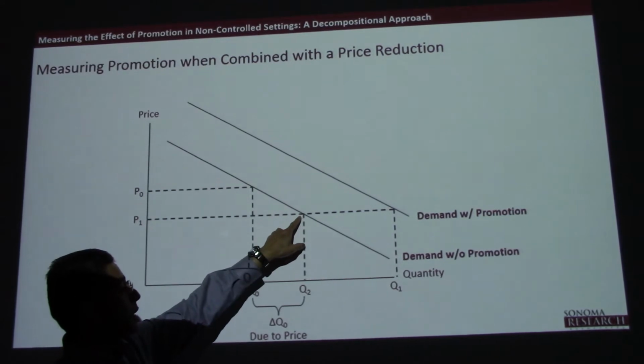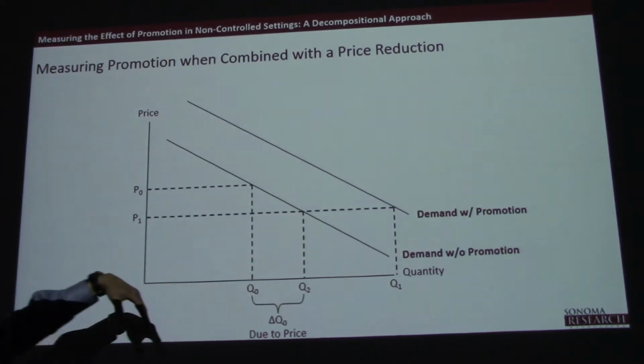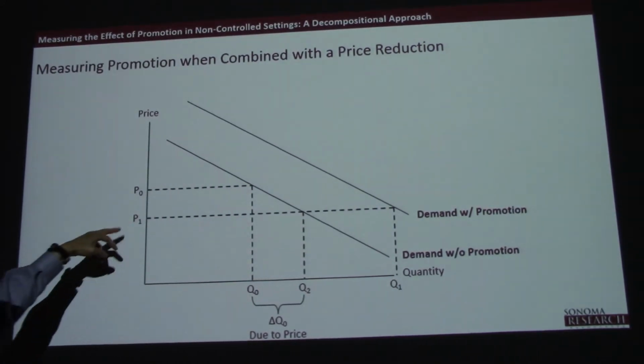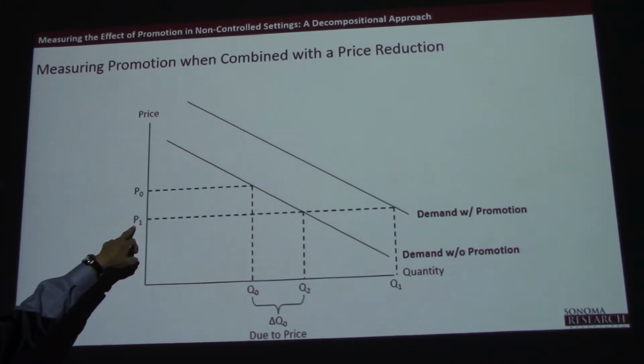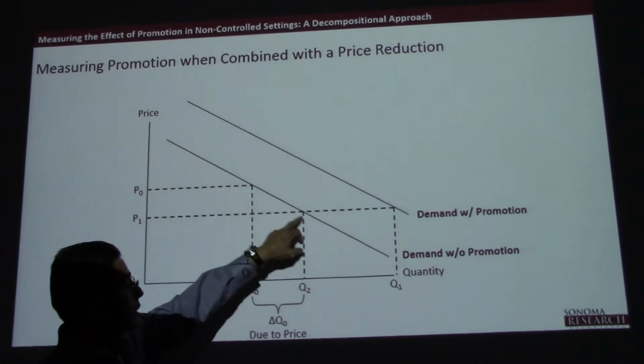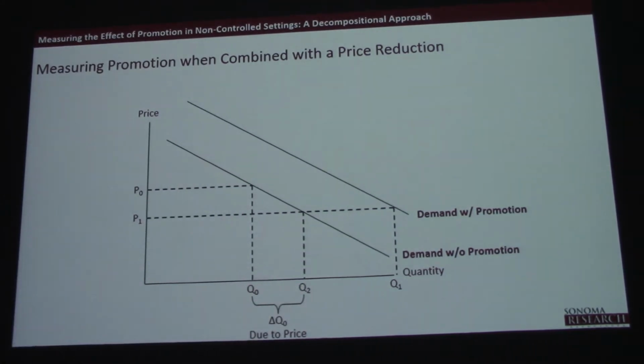What this point is literally, it's going to be promoted price, which is the P super P, along the non-promoted demand, which is our beta, our coefficient on our demand curve. So we're going to evaluate the promoted price along the non-promoted demand curve, and that's where that comes from.